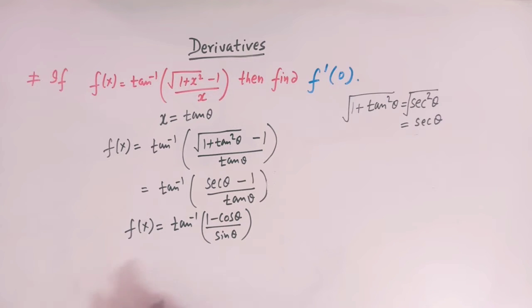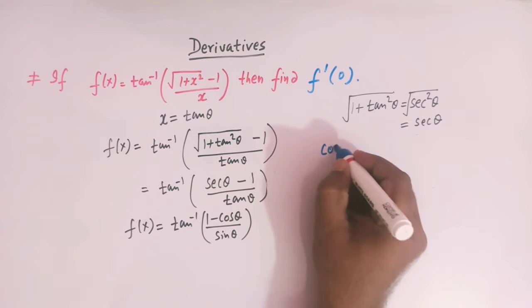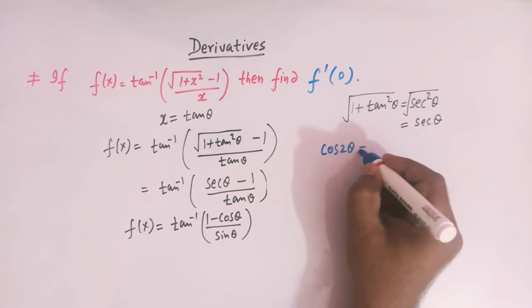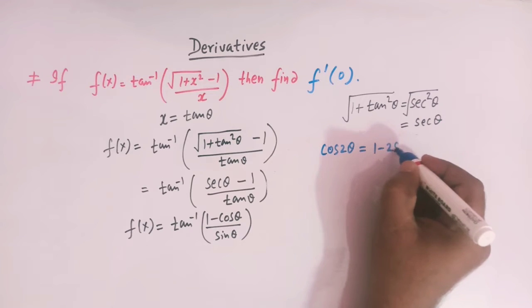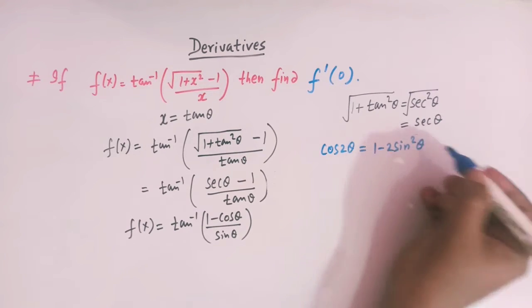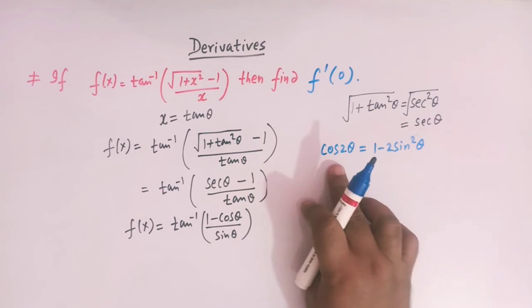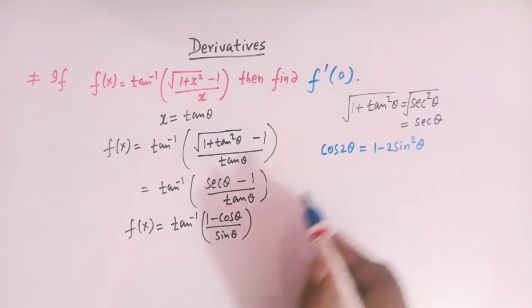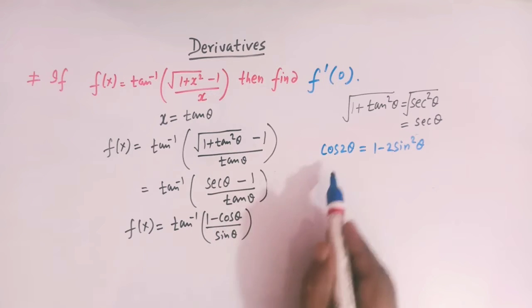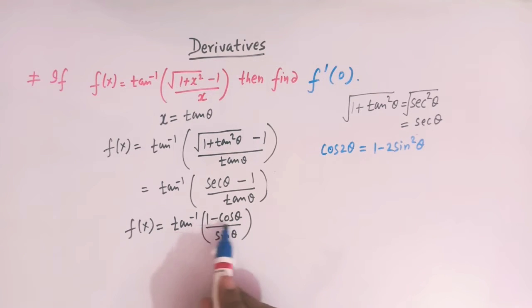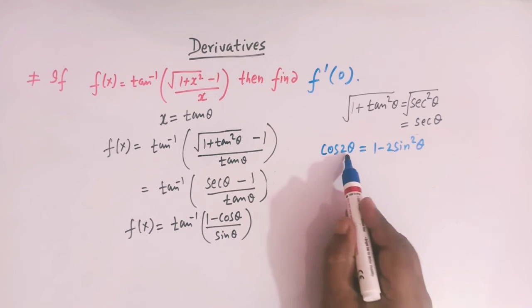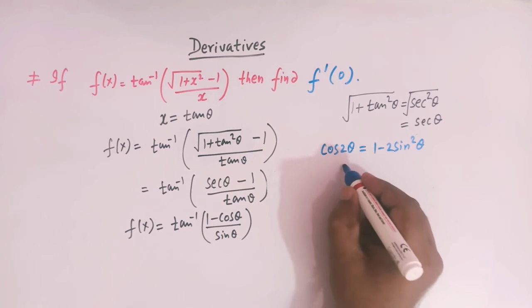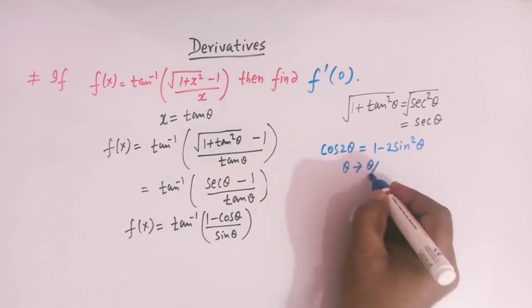Now we'll further simplify this expression. Again we'll take help of trigonometry, and we know that cos of 2 theta is equal to 1 minus 2 sine square theta. This is a famous identity for cosine of 2 theta. Here we want to have 1 minus cos theta, so we'll replace theta by theta over 2.